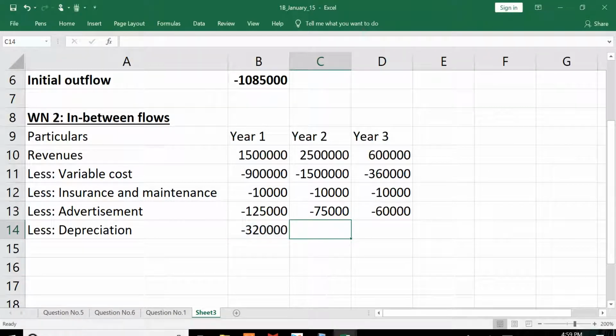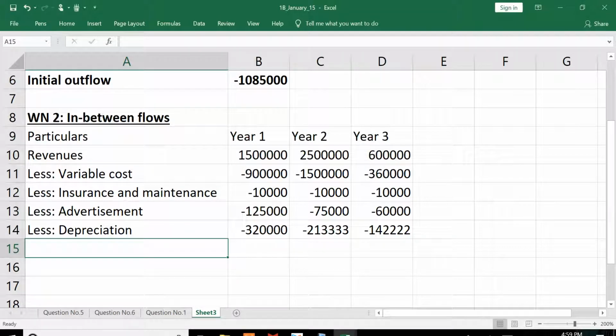So your depreciation is going to be the previous year's number into 2/3. In the WDV method, it matters what the depreciation was for the earlier year.